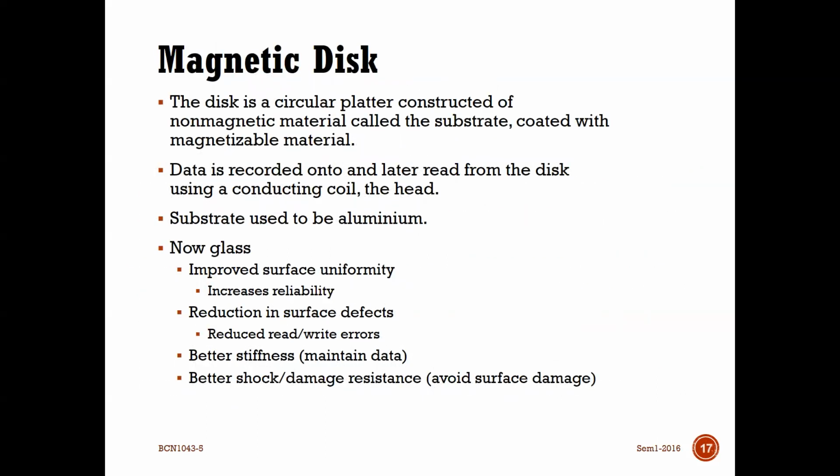Magnetic disk. A magnetic disk is a circular platter constructed of non-magnetic material called the substrate, coated with magnetizable material. You can see the disc is like the DVD disc you buy for a movie.